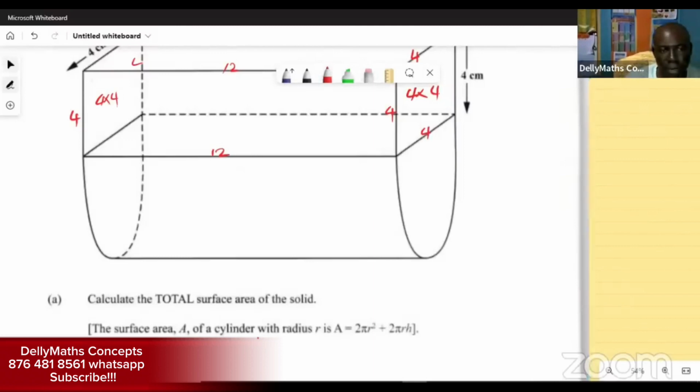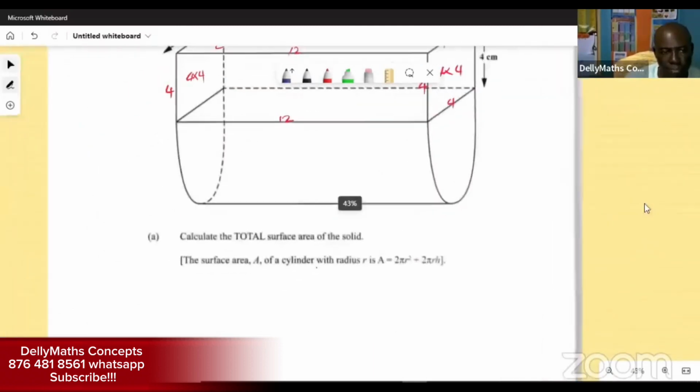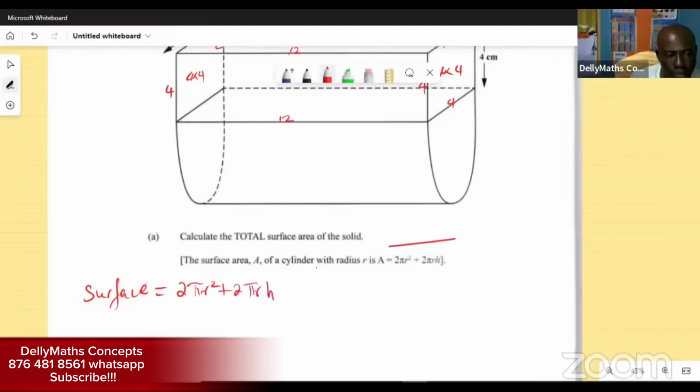Let me minimize the diagram a little bit. So surface area is going to equal, using the formula that I have right here, they gave me 2 pi r squared plus 2 pi r h. But definitely it is half of this I need.